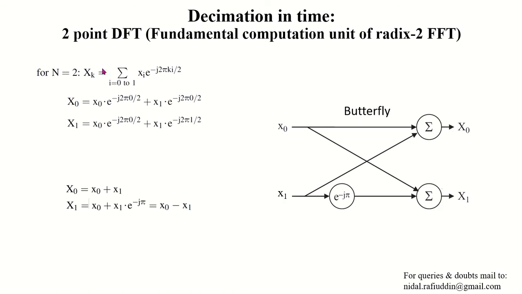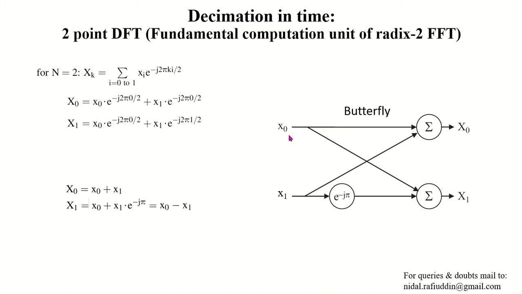Now what we normally do is we represent the DFTs in the form of flow graphs, which are called the FFT flow graphs or FFT circuits, and they comprise butterflies. Shown over here is the butterfly, which has inputs x0 and x1. If you look into these two equations, capital X0 is equal to small x0 plus small x1.